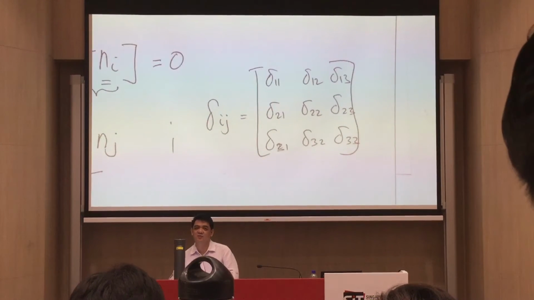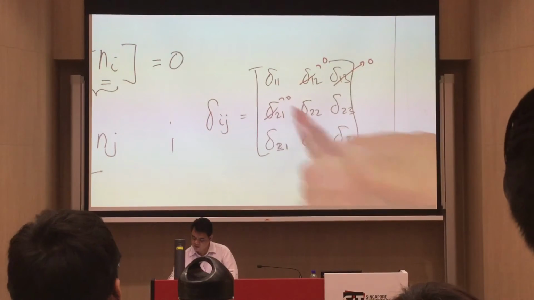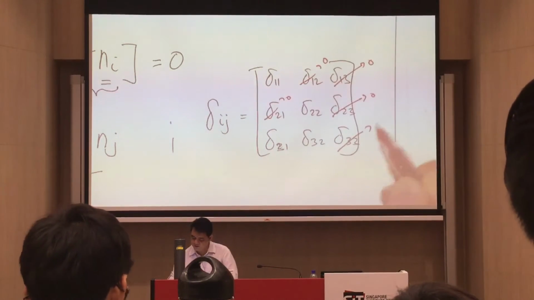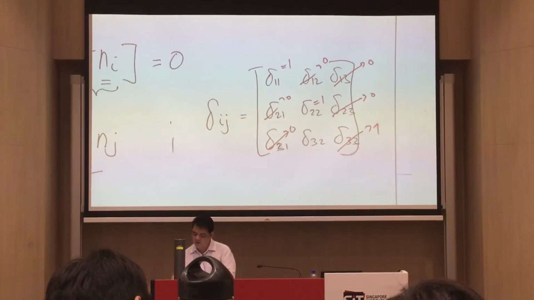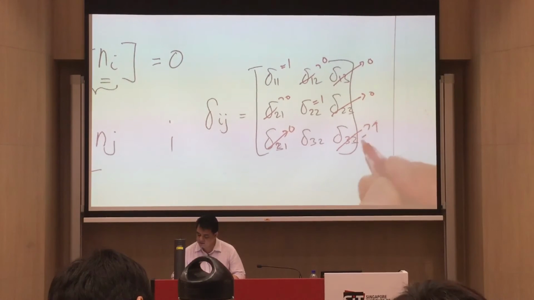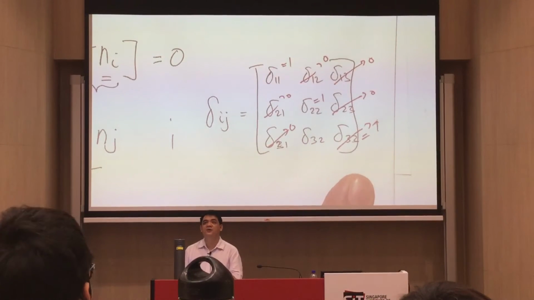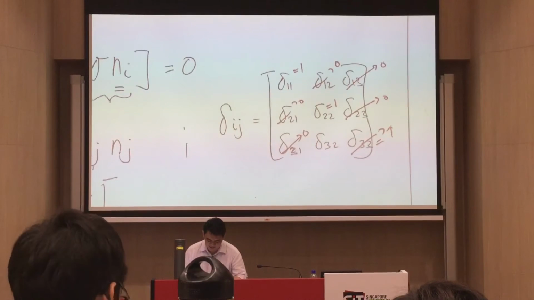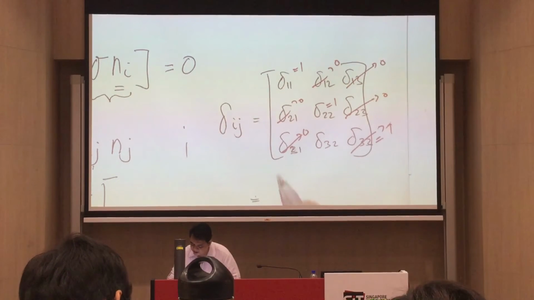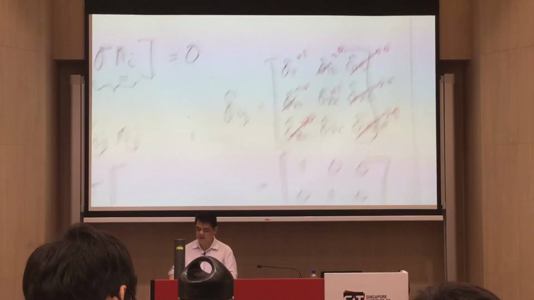So this one is 0, that's 0, 0, that's 1, and this is 0. Yes? So we have an identity matrix. So your delta ij is actually an identity matrix. For 3 by 3, it is a 3 by 3 identity matrix.